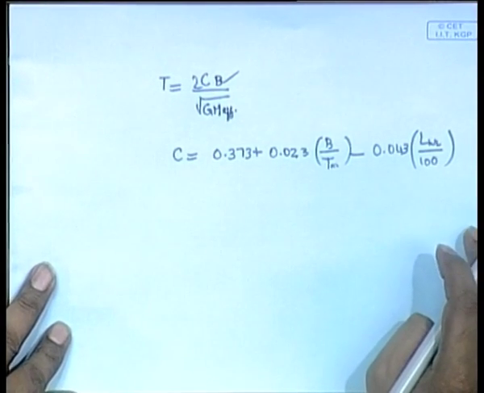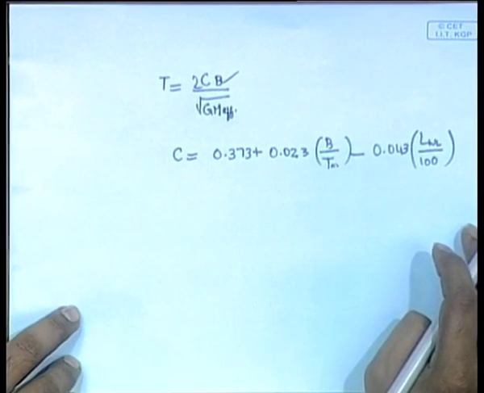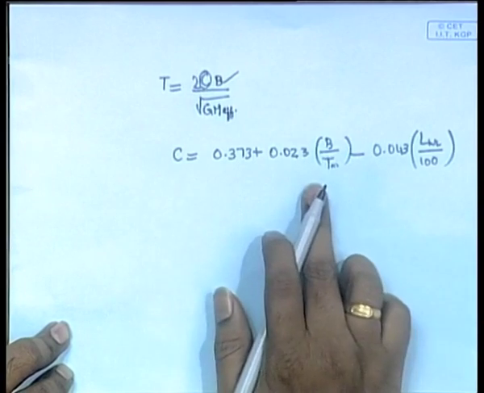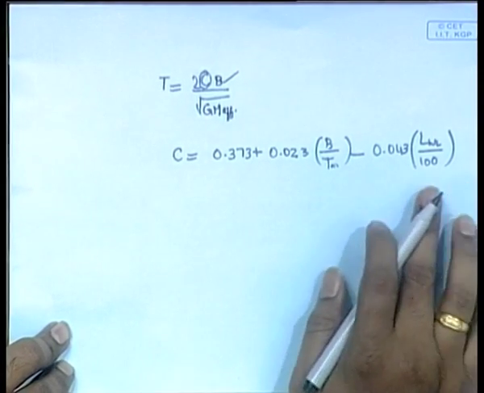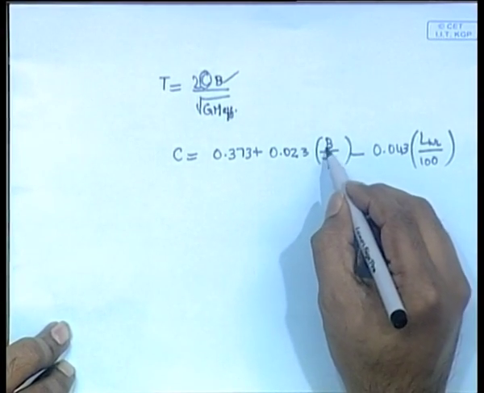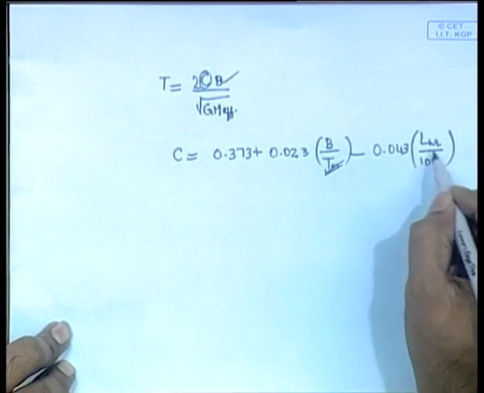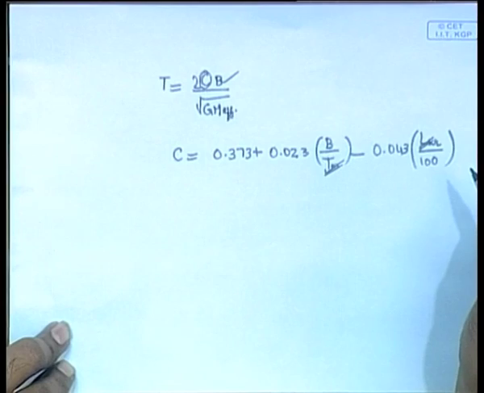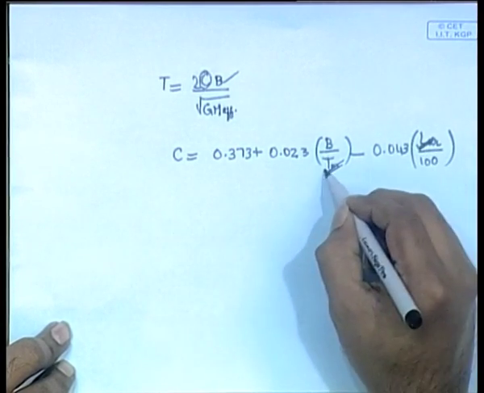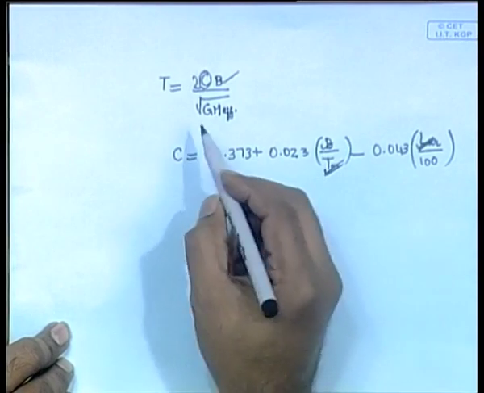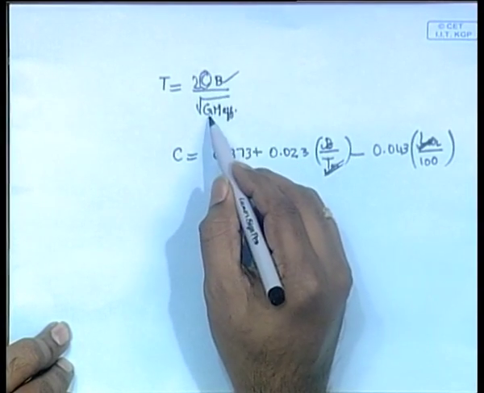C is given by the expression 0.373 and so on, where B is again the breadth of the ship, Tm is the draft of the vessel, and LWL is the length between the water lines. It is just a constant depending upon all this.